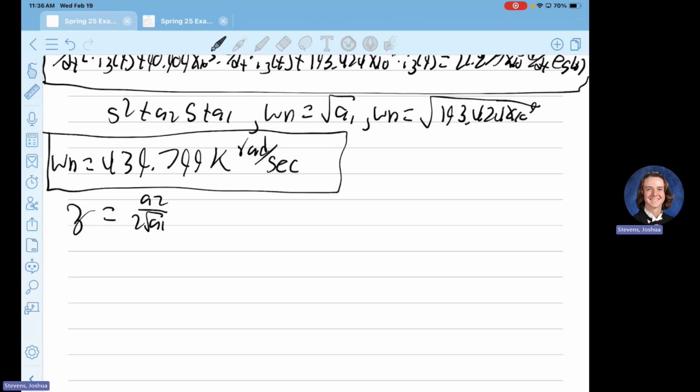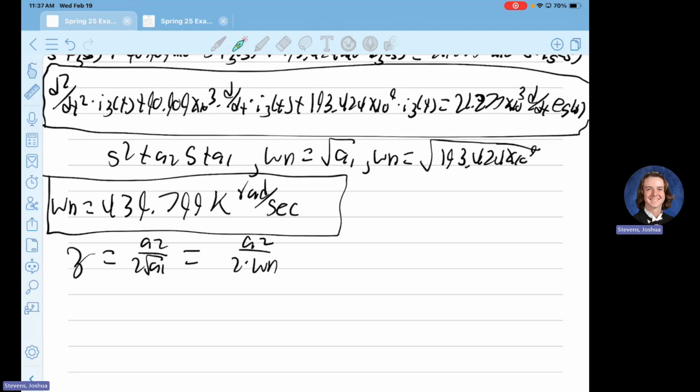What's the square root of A1? Exactly. The square root of A1 is omega n. So that just becomes A2 over 2 times omega n. And what is A2 in this equation? Is it this, or this? Second one.